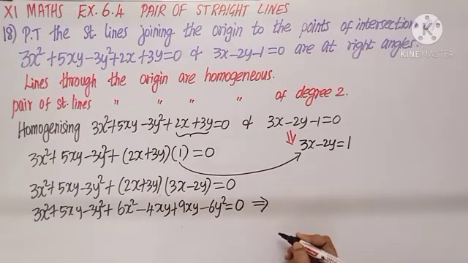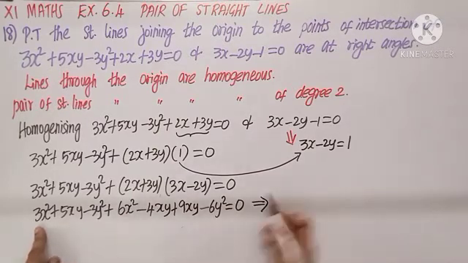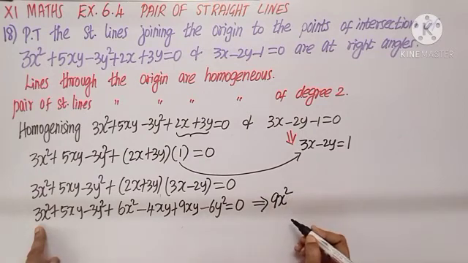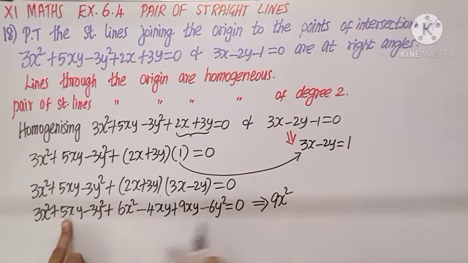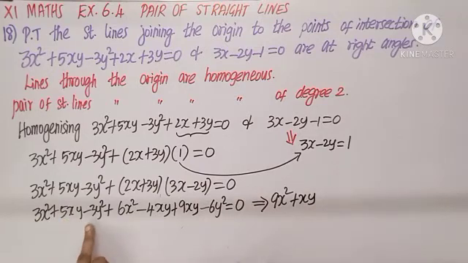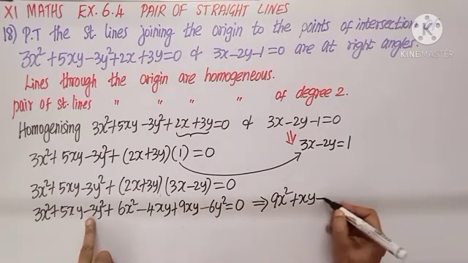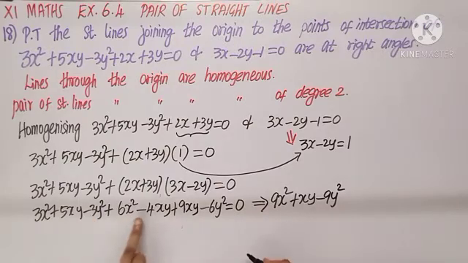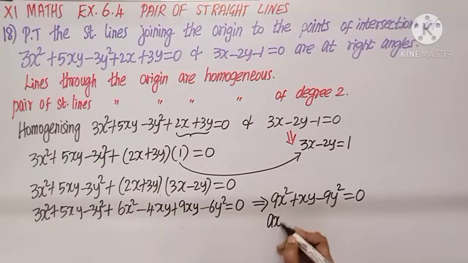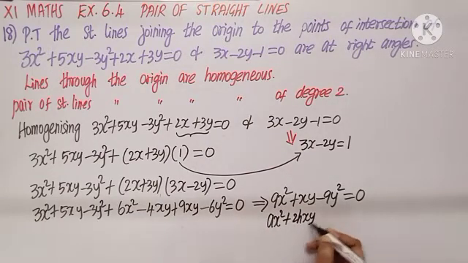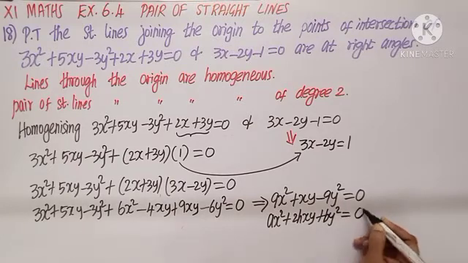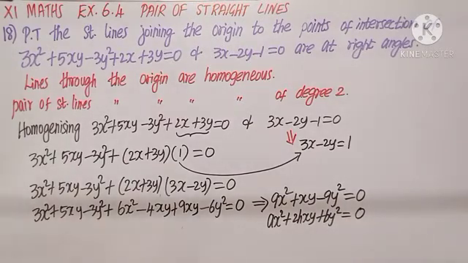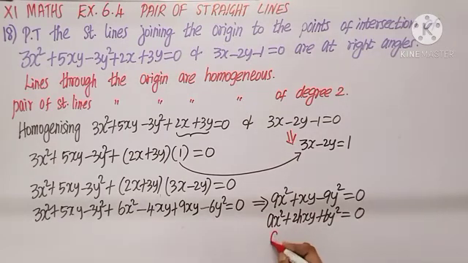Or we get 3x² + 6x², 9x²; 5xy − 4xy + 9xy... that is, 5xy − 4xy + xy; −3y² − 6y², −9y². Every term is done, equal to 0. Now, this I compare with ax² + 2hxy + by² = 0. I get a = 9 and b = −9.